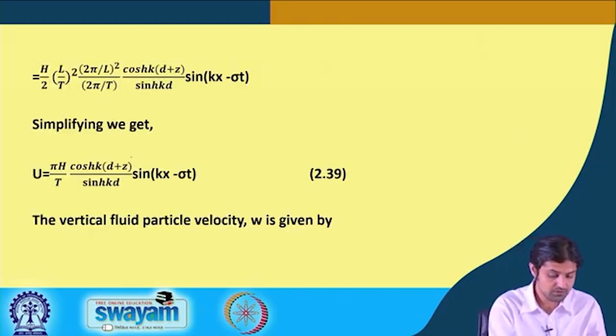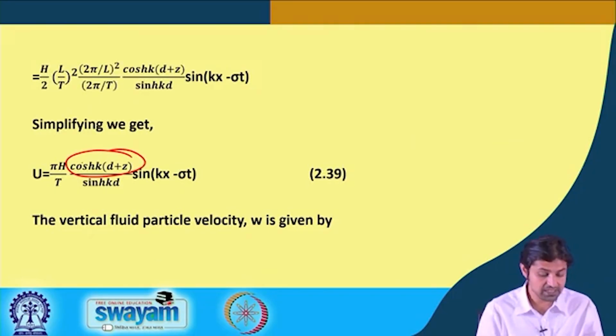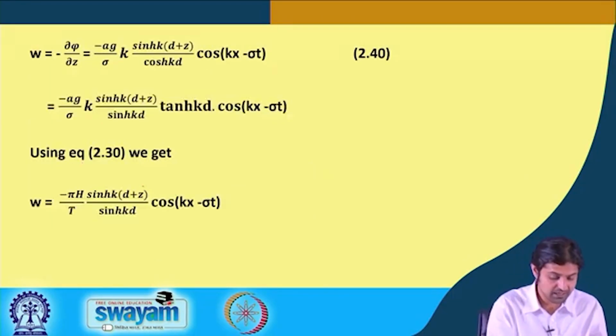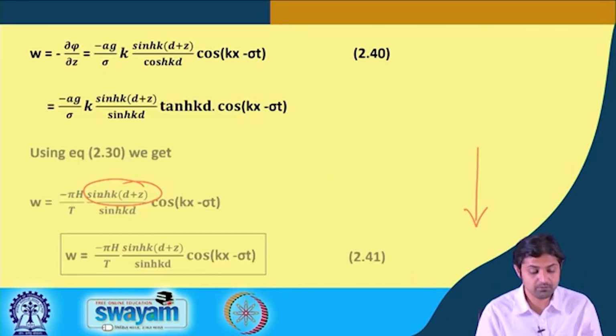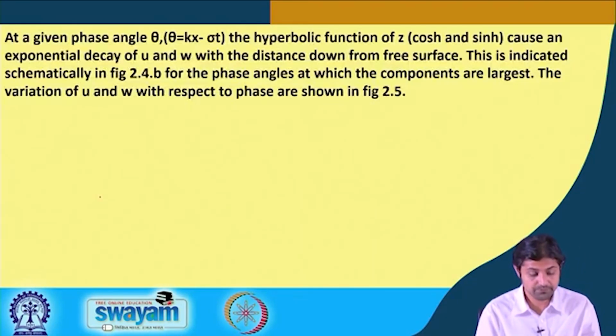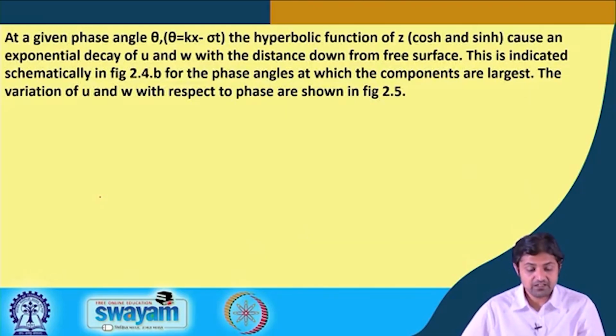You see, u is in cos h k and w is in sin h k. At any phase angle theta, where the phase angle is k x minus sigma t, the hyperbolic functions of z, that is cos h and sin h, cause an exponential decay of u and w with the distance down from the sea surface.